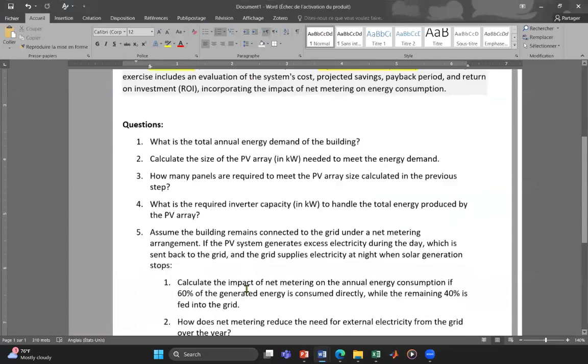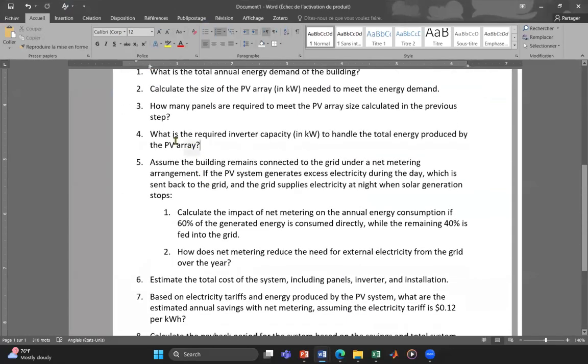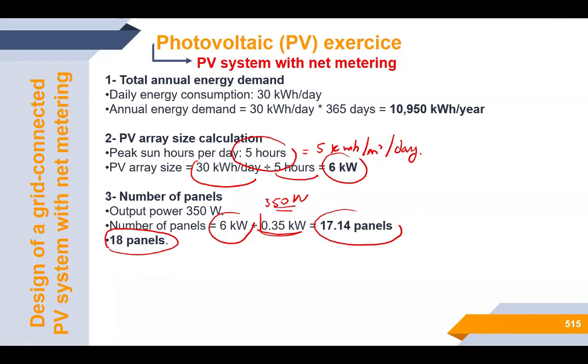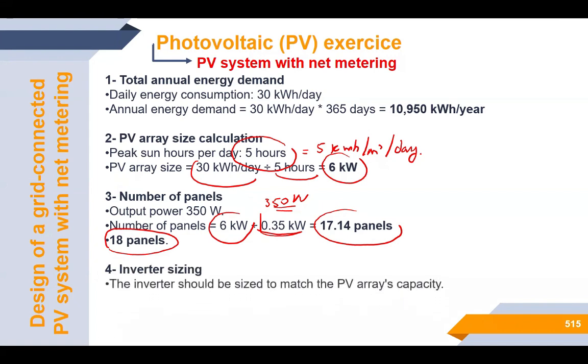For the next question, what is the required inverter capacity to handle the total energy produced by the PV array? Generally, the capacity of the inverter is around the capacity of the PV system.